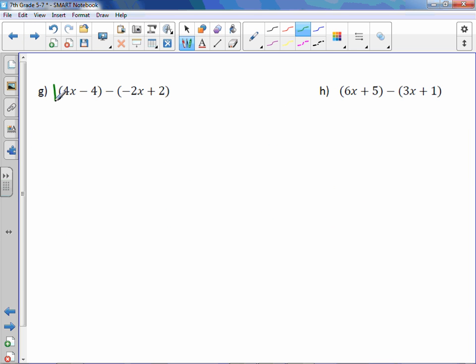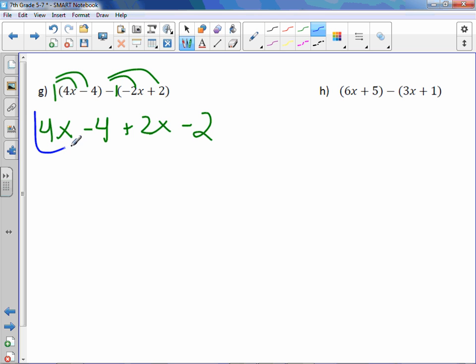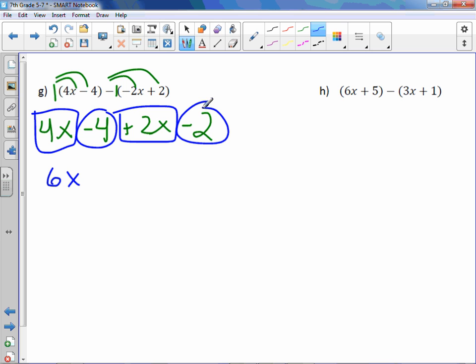G, 4x minus 4 plus 2x minus 2. Like terms, 4x plus 2x is 6x. Negative 4 minus 2 is negative 6.